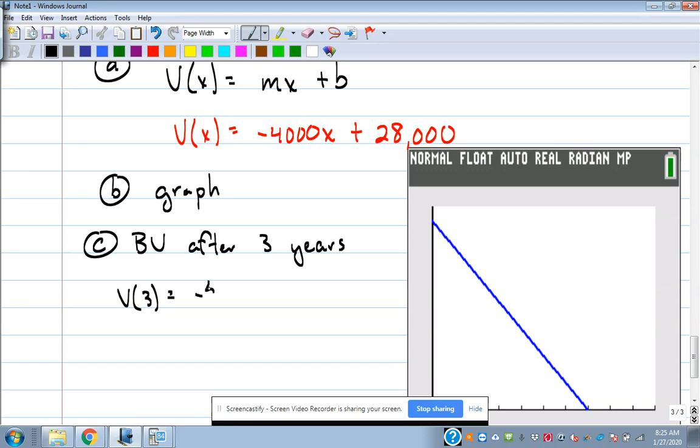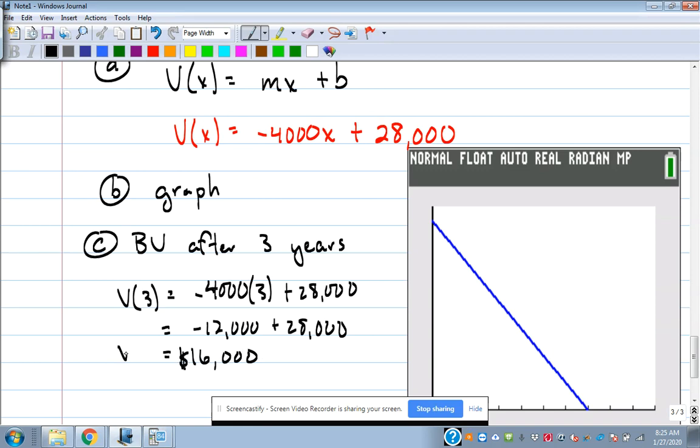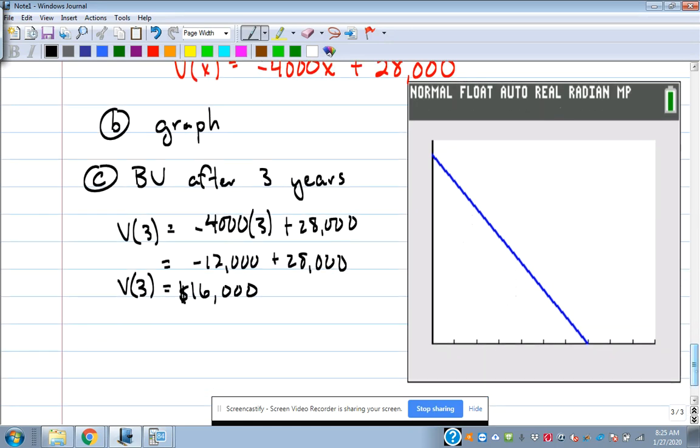That's all they're doing. 28 minus 12 would be 16 grand. So after 3 years, we're saying the value of our cars is still $16,000. It's pretty good, I'd say.